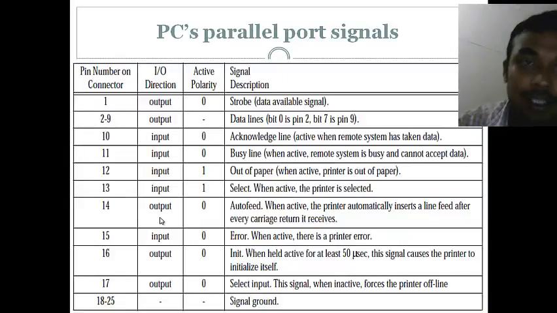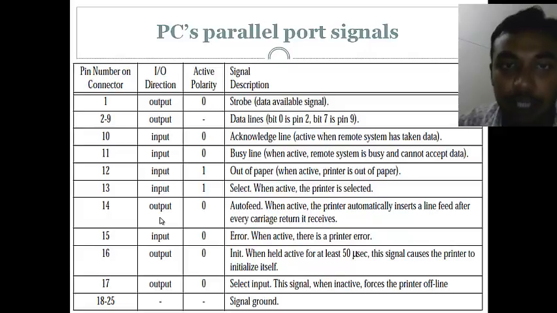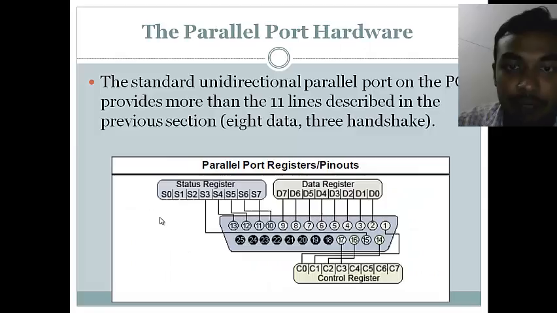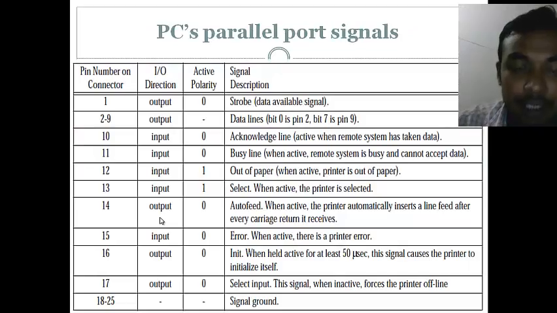Now this is the chart of parallel port signals, showing what each signal means. Pin 1 shows that the data direction is going to the output, so the polarity is 0. At the strobe line the data is still available, meaning data is still going on. Pins 2 to 9 are the data lines where the actual data is being transferred.